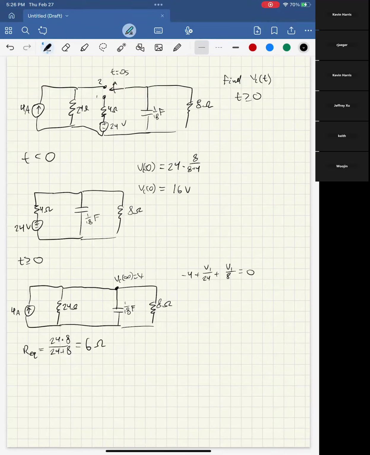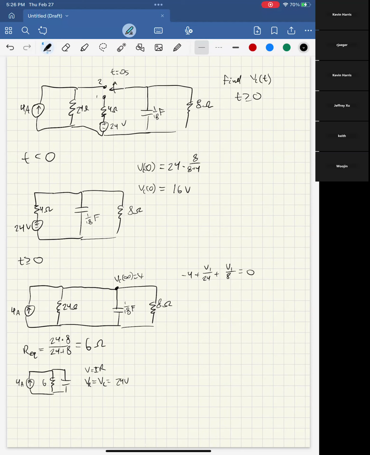And then the equivalent circuit would be 6 ohms and the capacitor. And hopefully you can see that this is V equals IR, just straight current through the resistor. The voltage across the resistor would be the same as the voltage across the capacitor, would be 24 volts.